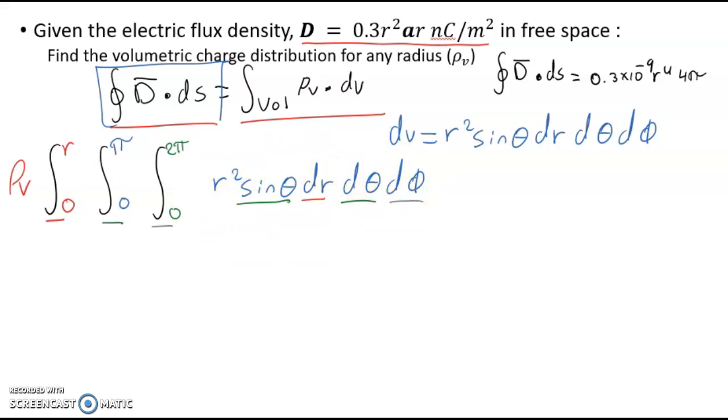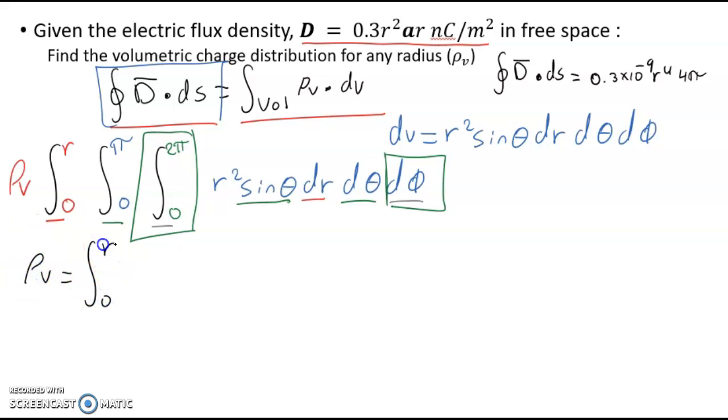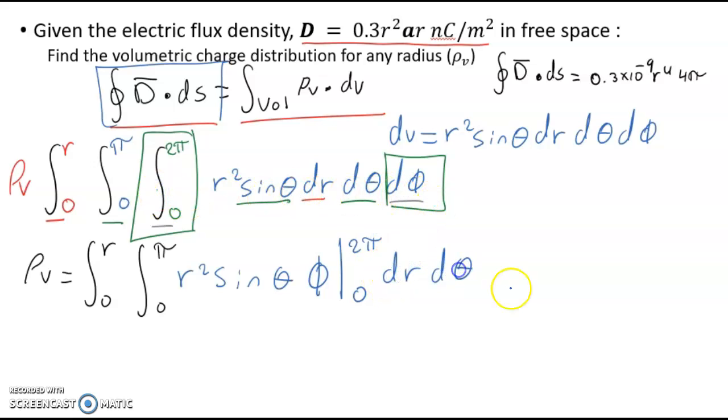So we have to evaluate the integration of these things. We'll start with the easier one, d phi, because it's going to be only about itself. So the integration of this becomes rho v times the integral from 0 to r, the integral from 0 to pi, times r squared sine of theta, with phi evaluated from 0 to 2 pi, dr d theta.